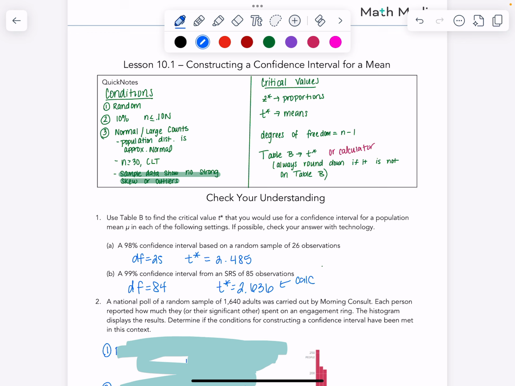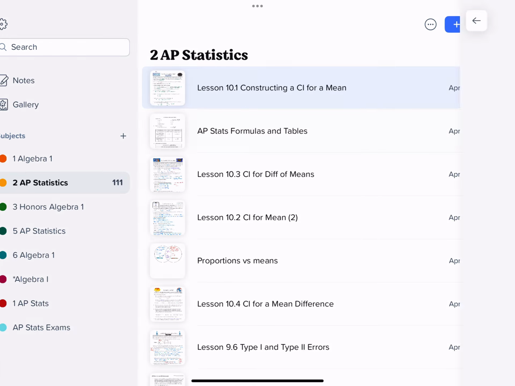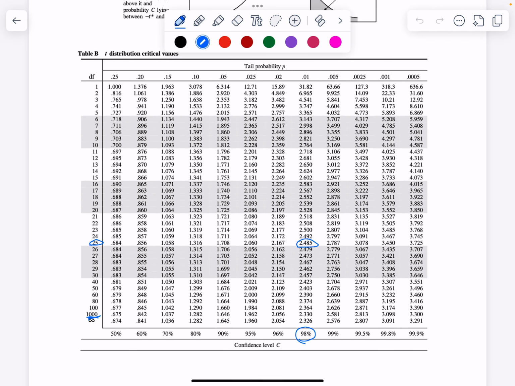Now let's compare that to the value that you would get on Table B. Remember, that was 2.636, a 99% confidence level with degrees of freedom of 84. On the table, what we are using is 80, because if we round down, that's the lowest value that we have on our table.